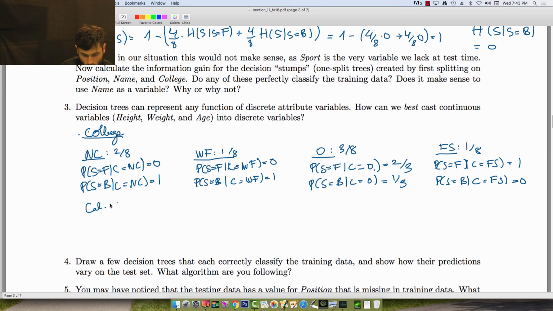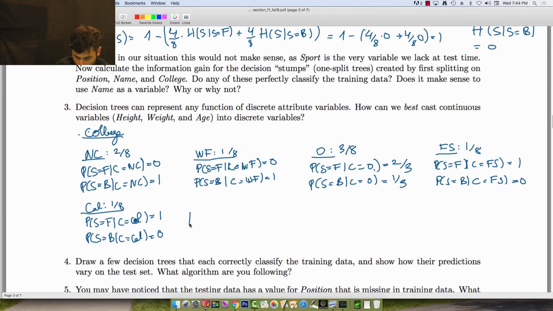Also just 1 person is in this college, and this person plays football, so the probability of football is 1 and the probability of basketball is 0.